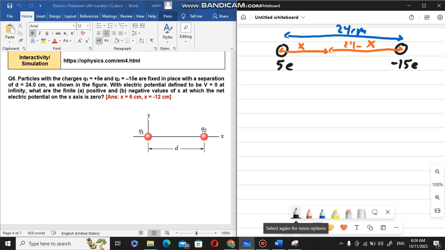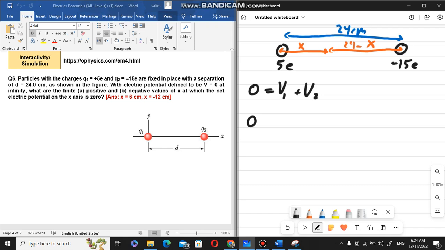So when you solve for equilibrium position in potential, you say that 0 is equal to V1 plus V2, and then you plug in everything. So 0 equals K times 5e over x plus K of minus 15e over 24 minus x.